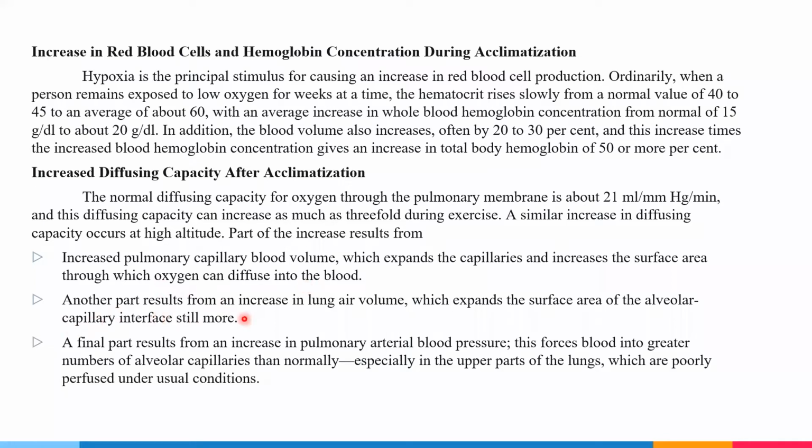Another part results from increase in lung air volume, which expands the surface area of the alveolar capillary interface still more. A final part results from an increase in pulmonary arterial blood pressure. This forces blood into a greater number of alveolar capillaries than normally, especially in the upper parts of the lungs, which are poorly perfused under usual conditions.